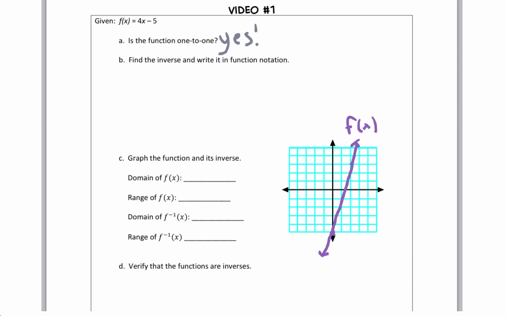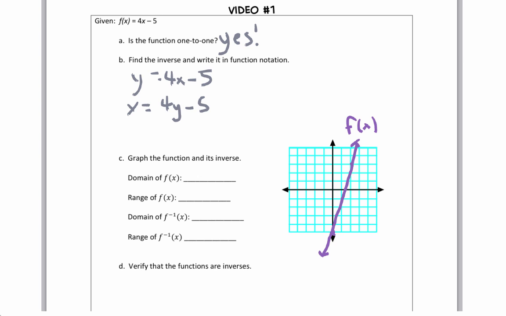Now we want to find the inverse of this function and write it in function notation. So to find the inverse of a function, our first step is to replace x and y in the equation. So right now we have y is equal to 4x minus 5. So we are going to replace x and y. So we have x is equal to 4y minus 5.